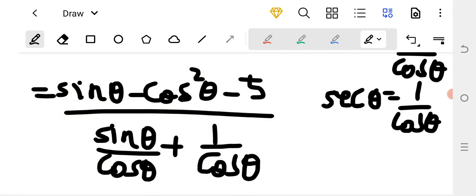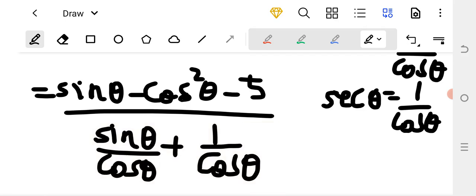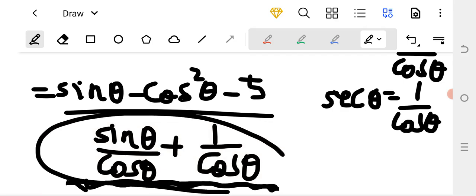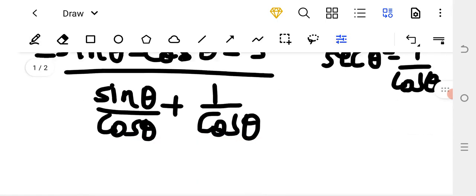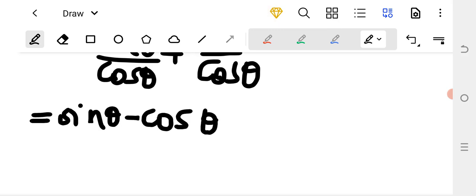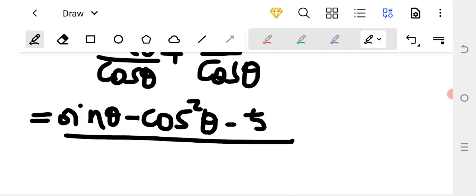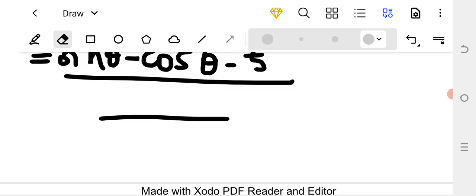So what we're going to do is focus on this denominator. We're going to find the lowest common denominator. So we're going to say it is equal to (sine theta minus cos theta) squared minus 5, divided by a small bar.